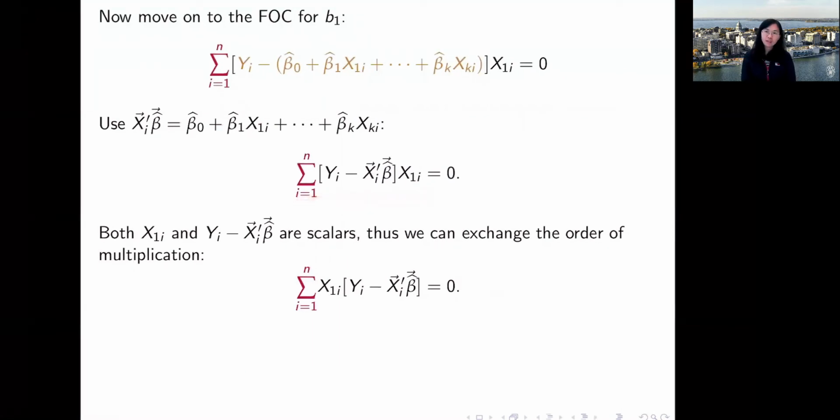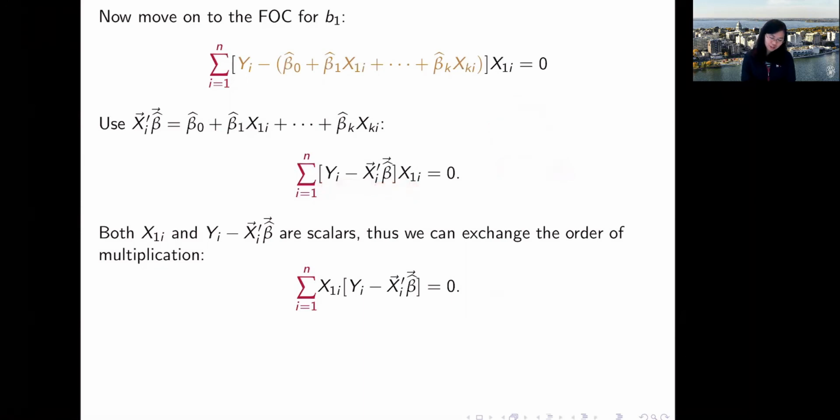And now realize that x1i is a scalar. It's x1, this one random variable for the individual i. So that is a scalar. And yi is also a scalar. This inner product is also a scalar. So this is actually a scalar times a scalar. When these both are scalars, say 2 times 3, you can exchange the order of multiplication, it equals 3 times 2, right? So everybody agrees.